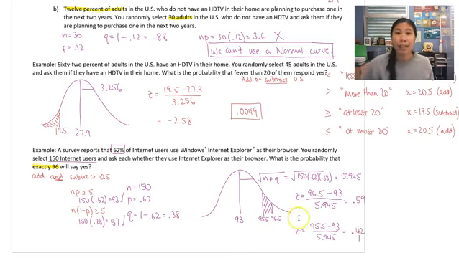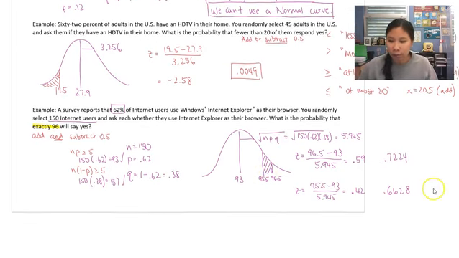And then we would use our table to look for the percentages of both of these numbers. For z equals 0.59 on the positive side, we get 0.7224. And for 0.42 as a z-score, we end up with 0.6628. And so remember, with our in-between areas, we would subtract our two percentages together to get 0.0596. So that will be our probability for this one.